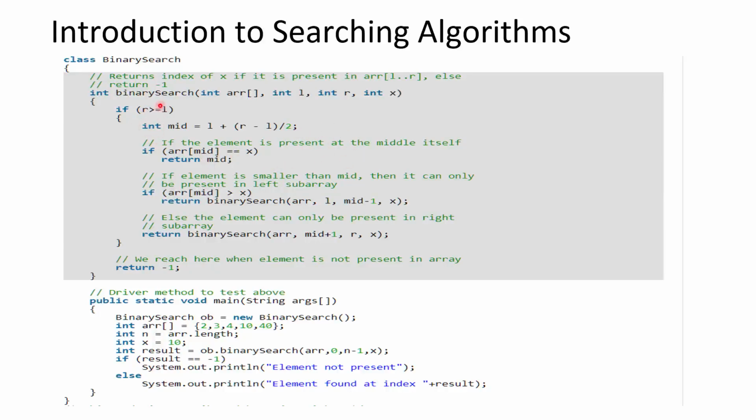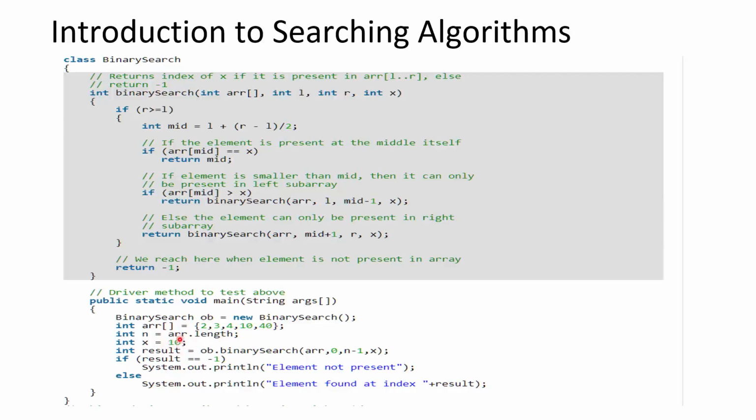We pass that in, and if r is greater than 1, we can see here it searches for the mid, and then it will search the array depending on where it falls in that array, and then it will return our binary search result. If the element is smaller than mid, then it can only be present in the left subarray. Else the element can only be present in the right subarray. So we are using the subarray approach, and if we don't find it at all, we return -1.